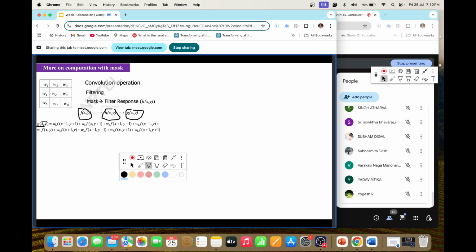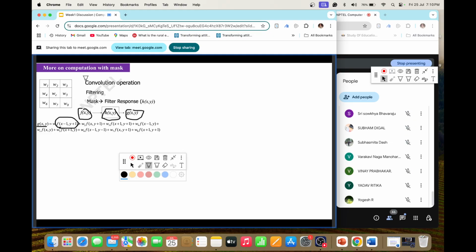How can the gxy function be formed? You already have the fxy function, and with hxy you get the weights, like w1 into this pixel, w2 into this pixel plus w3 into that pixel. Like that you can do the masking operation. This is also known as the masking operation or convolution operation.